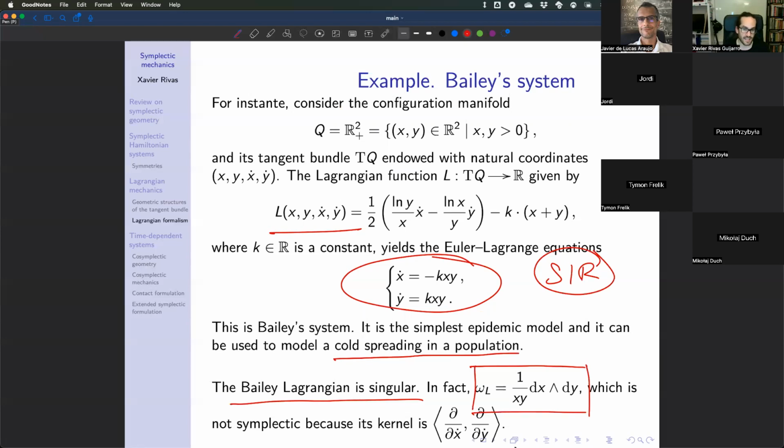And as you can see, this is singular because it has a kernel. This is the kernel of this Lagrangian. Recall that we are on R2. So in the tangent bundle of R2, we have these coordinates x, y, x dot, y dot. So this 2-form is singular in this manifold here, in the tangent bundle of R2 plus, I mean, with x and y positive.